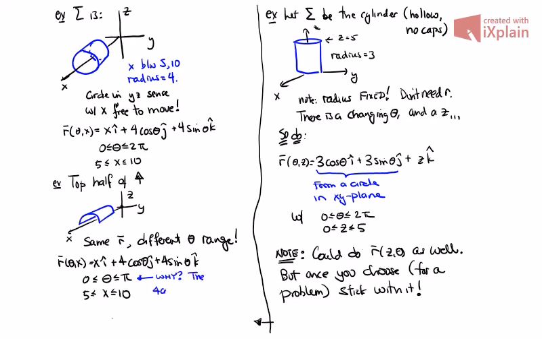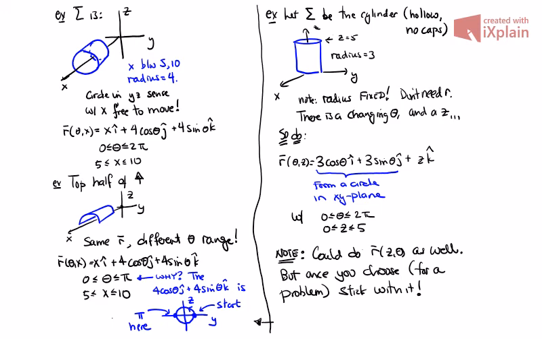The 4 cosine theta j plus 4 sine theta k alone is this circle in the YZ plane. And it starts right over here, and goes up and over and ends at pi right here. So if I just want the top half of that, we'll do 0 to pi, just like we would do in the normal xy plane. That gives us the top half of the cylinder in this picture.